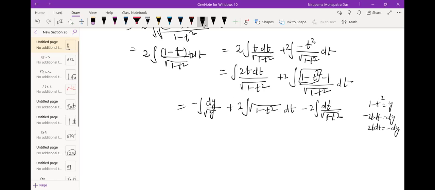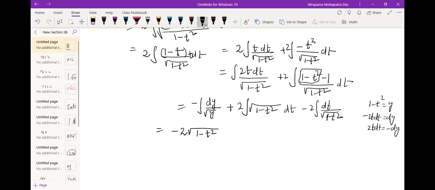The first one is minus, you are getting y to the power minus half, which means y to the power half by half, so 2 root y, meaning you will be getting 1 minus t square, root y.